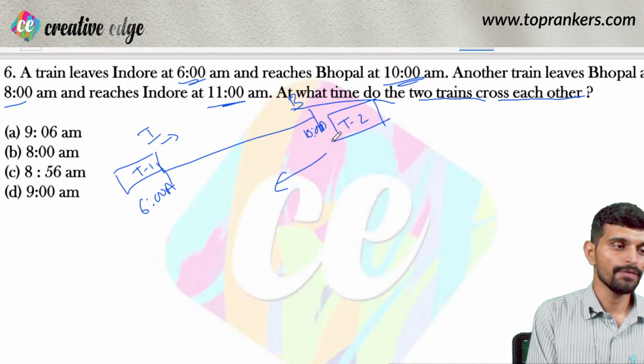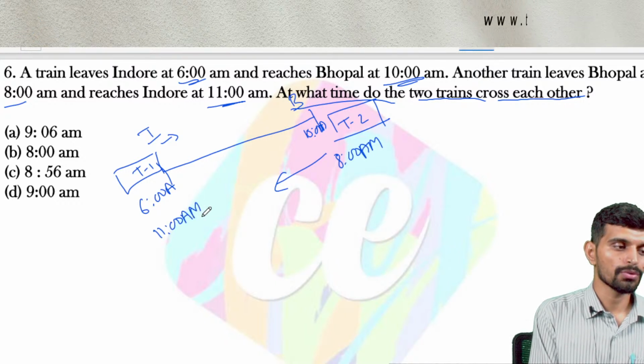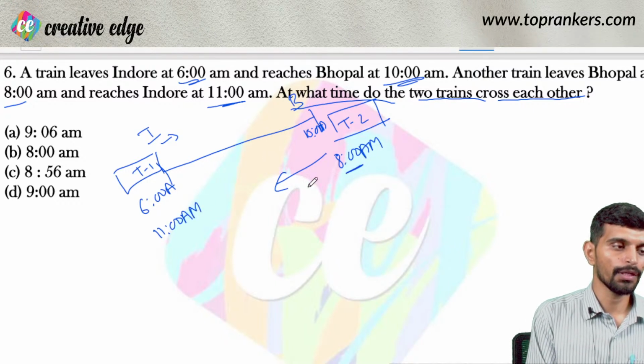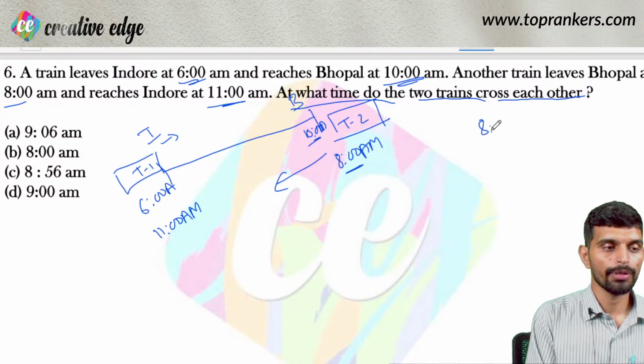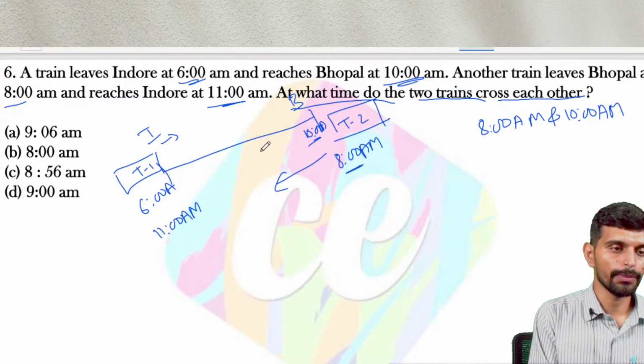And this leaves Bhopal at 8 am and it reaches Indore at 11 am. So they must meet somewhere between 8 and 10. So the meeting time should be between 8 am and 10 am, right? But what will be that time?